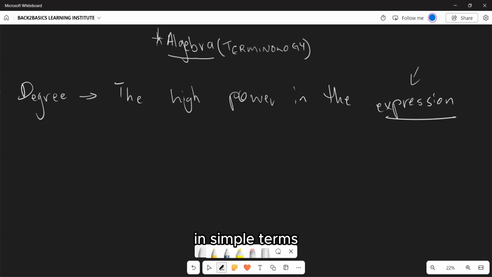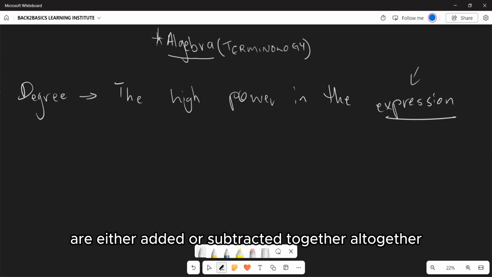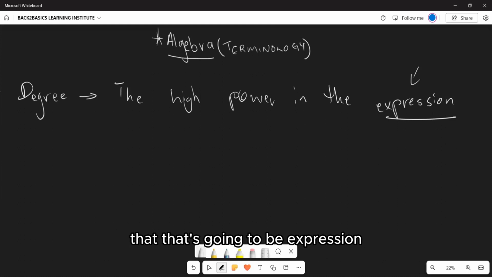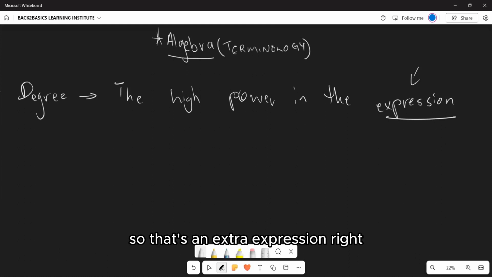In simple terms, an expression is two or more terms that are either added or subtracted together. But they could also be multiplied or divided altogether. So that's an extra expression, right?